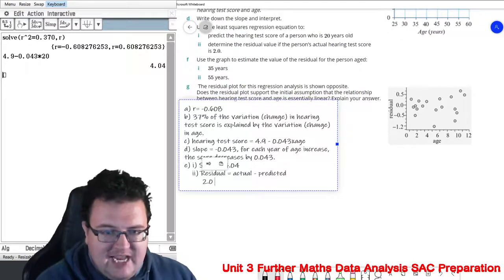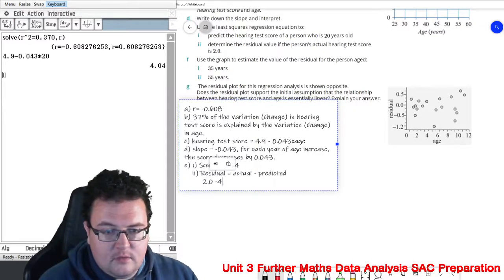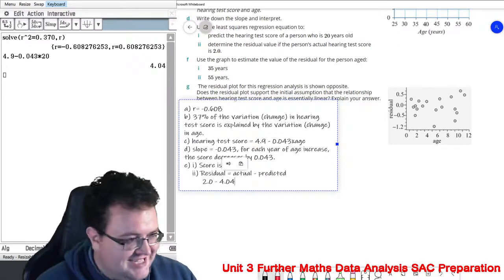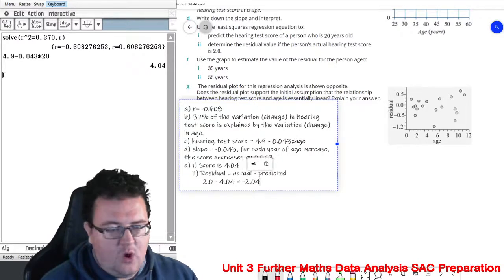We predicted 4.04, therefore the residual would be negative 2.04.